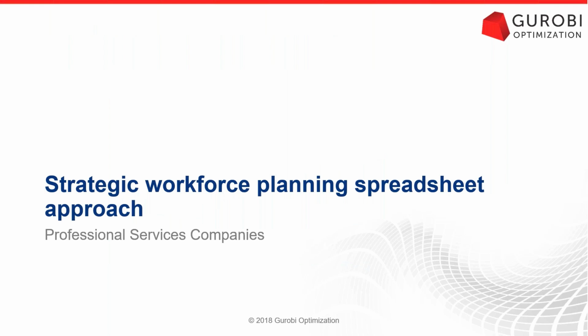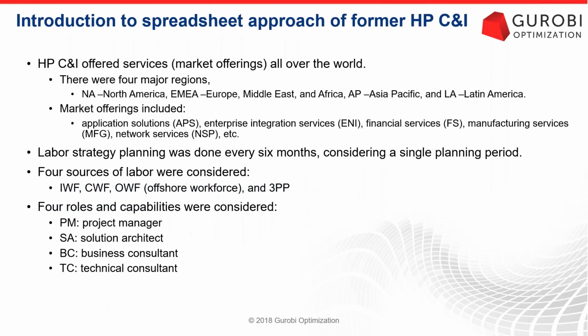So let me now explain the manual method that one of the co-authors of our paper, Andrei Fusiek, developed. But I need to give a little bit of background about the former HP Consulting and Integration group.